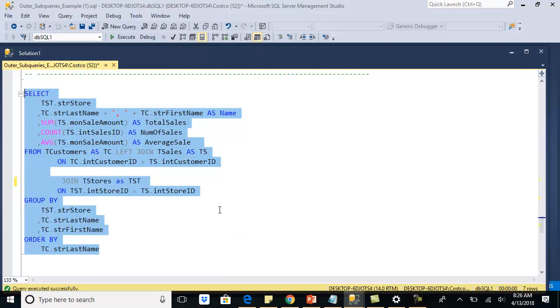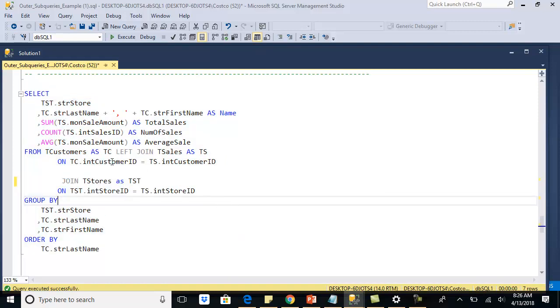Well, the reason is we did not write this correctly. So let's go back and review for a second. Remember what happens on an explicit join. Customers is going to be joined to sales, and we have a left join. That's all good. So this returns a result set. Then we're going to join it to stores, and what it returns are those records that match the stores.